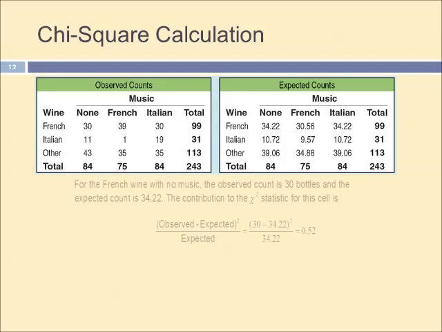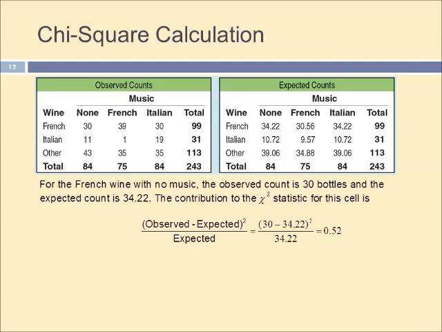So here is a pair of tables. We have the observed counts, and then we fill in all the expected counts. So we observed 30 bottles, and the expected count is 34.22. The contribution to the chi-square statistic for this cell is observed minus expected, 30 minus 34.22, squared, divided by 34.22, or about 0.52.